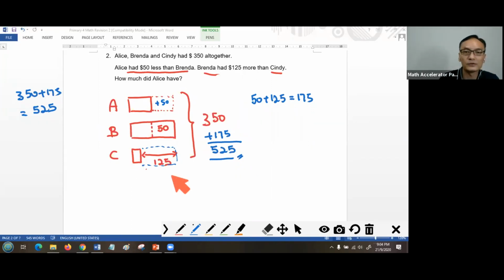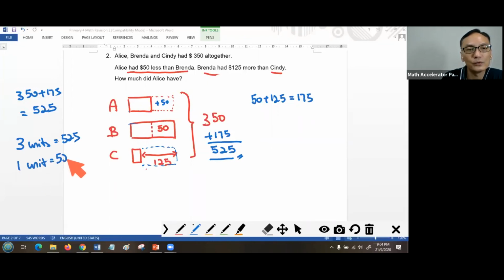Now there's 525. So we have 3 big units now. So the unit is the size of Brenda, right? So now we have to divide by 3. So 3 big units is 525. So we have to find 1 unit. So what is 525 divided by 3?